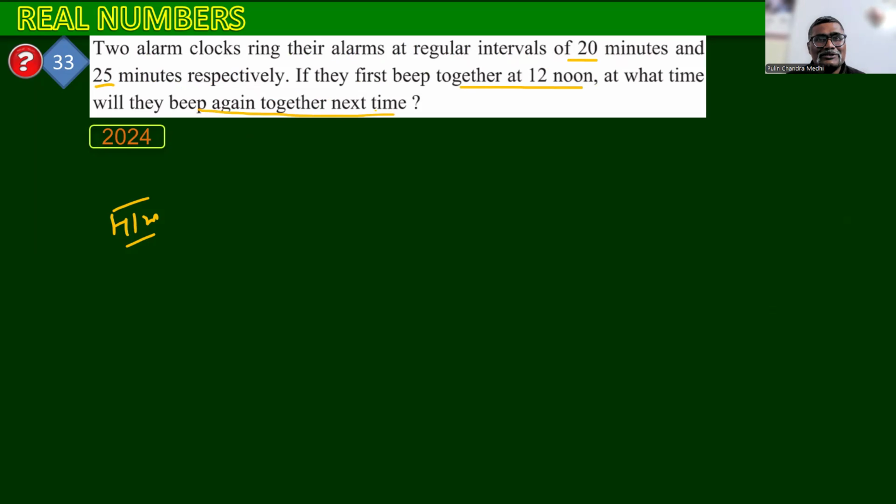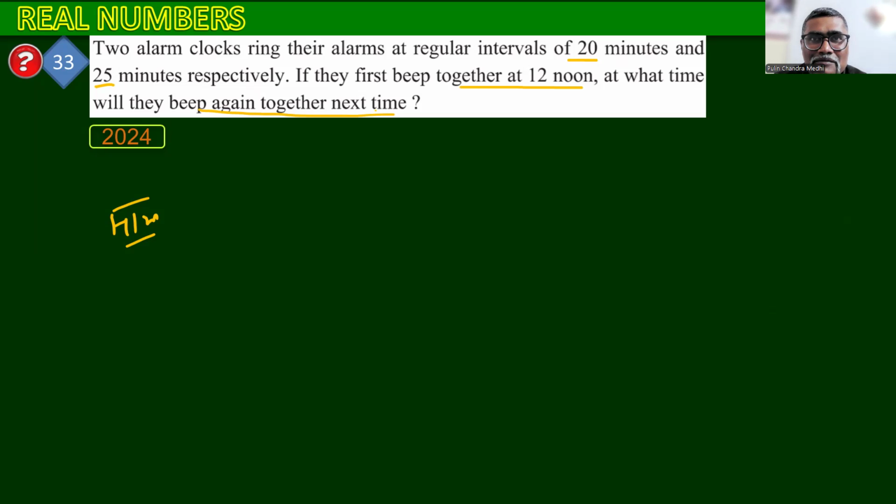So what you will do? You will find the LCM of this. LCM orally you can see, right? I think it is 100. No? LCM will be 100. So after 100 minutes, they will again ring together. 5 square and then 5 will go there.